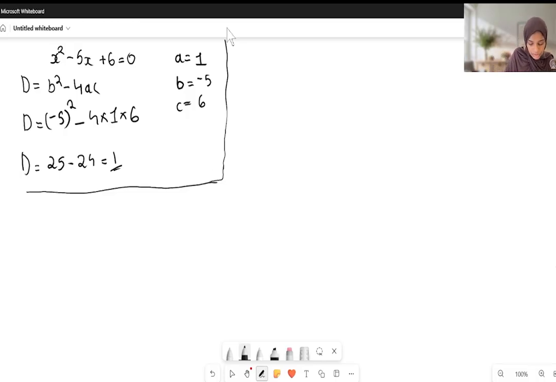And the quadratic formula is x is equal to minus b plus or minus root of b square minus 4ac by 2a. Okay, so this is the equation. We have to substitute the values of a, b and c into this equation right here.